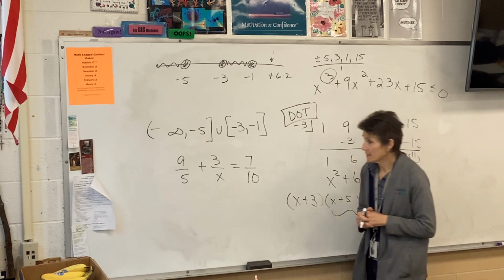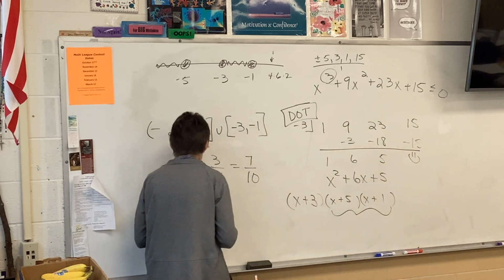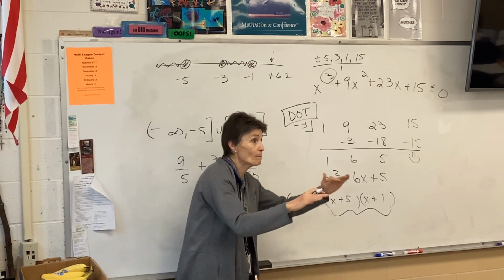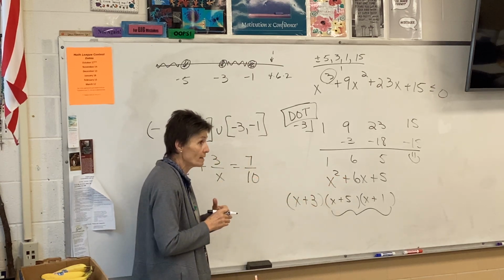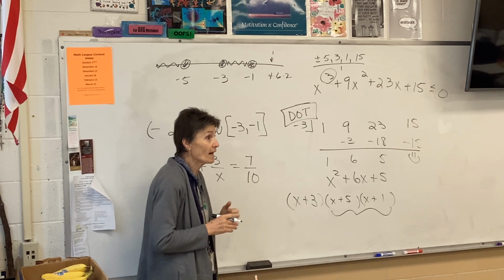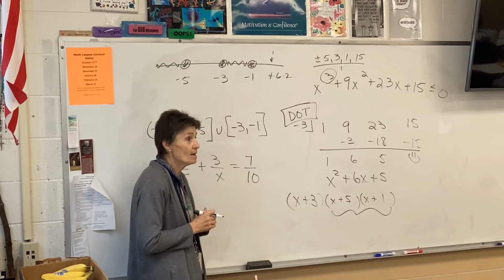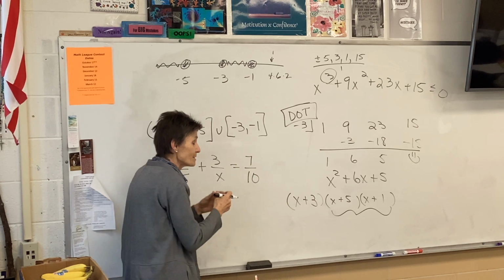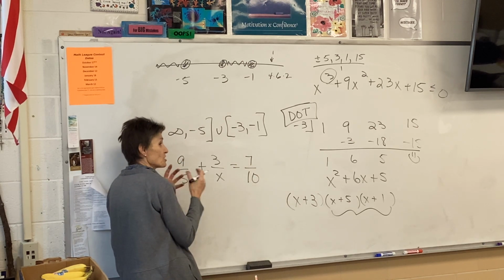So what's gonna be my common denominator with a 5, an x, and a 10? There are many. 10x would be one. If you said 50x, that would be fine. There are lots of common denominators. Just make your denominators match something.